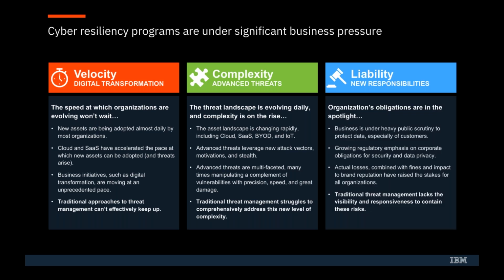And from a liability standpoint, organization obligations are growing, and so it's now not as much a question of can we afford the new systems that we need to put in place or the new processes that we need to put in place, as much as it is we can't afford not to because of the risk that we're under.